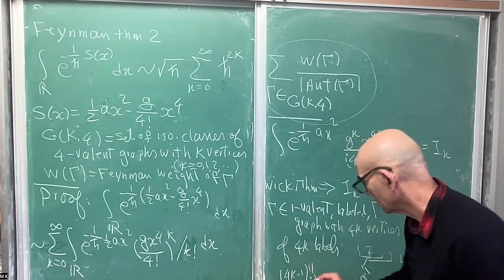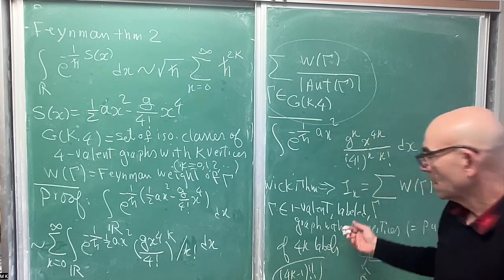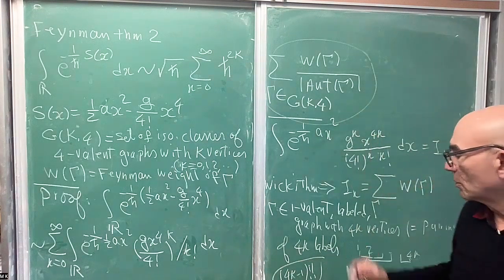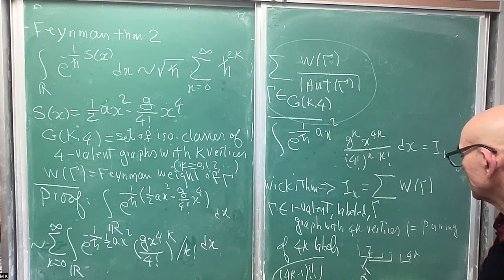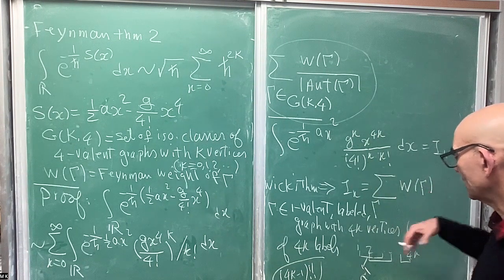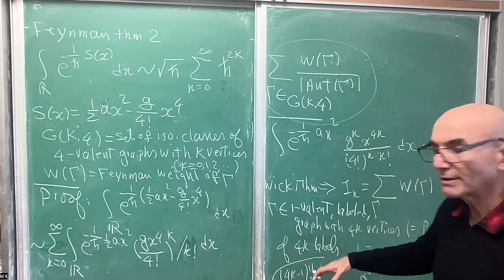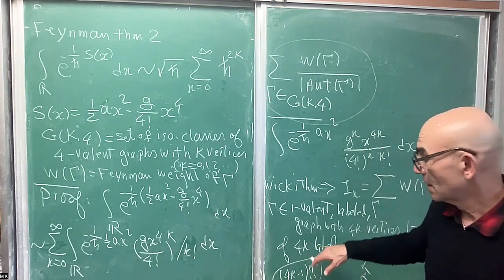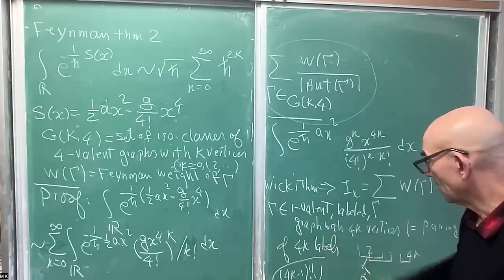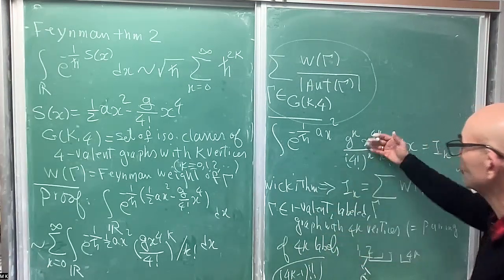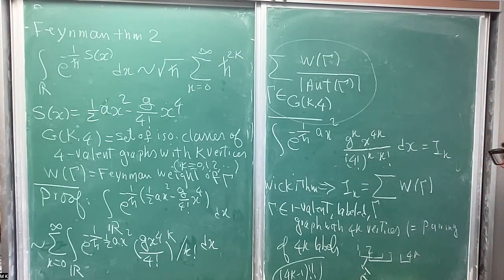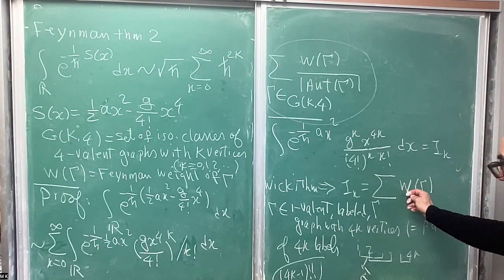You did counting. This many labeled one-valent graphs. And in general, not for this problem, but in n dimensions, it's quite difficult to use Wick's theorem directly to sum all such terms.